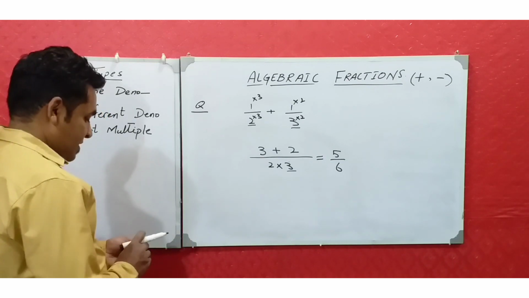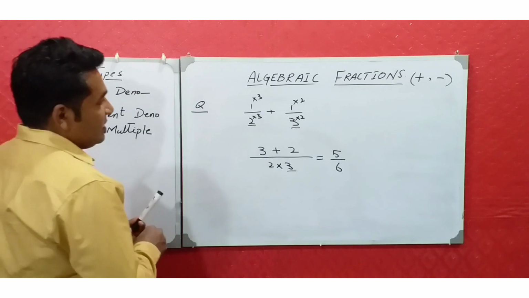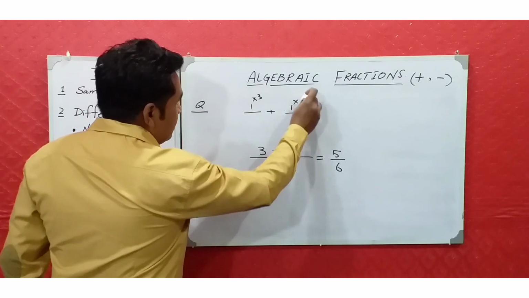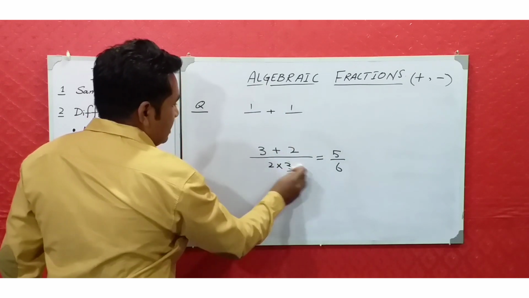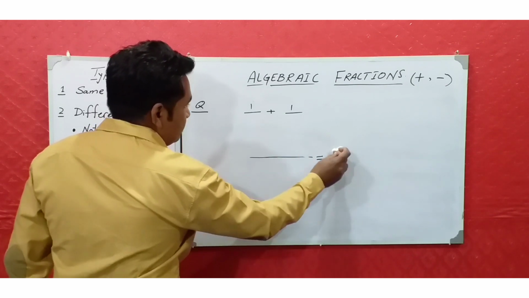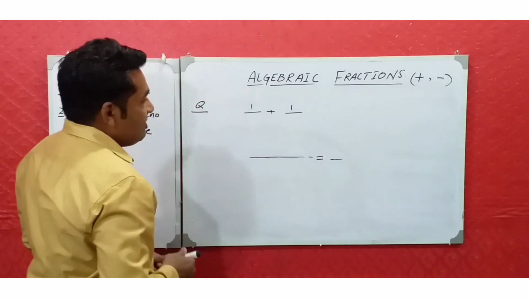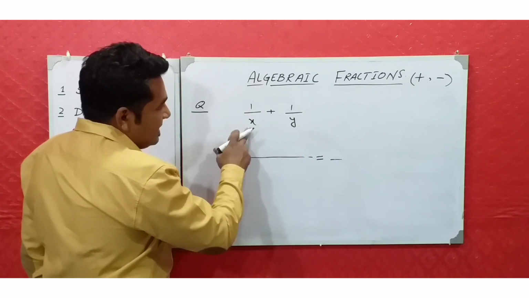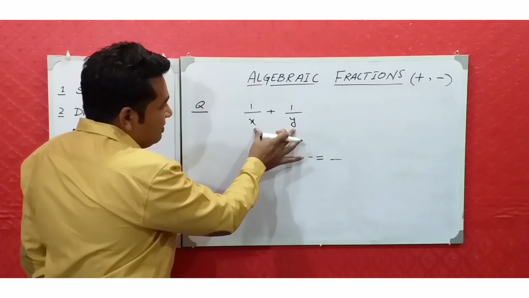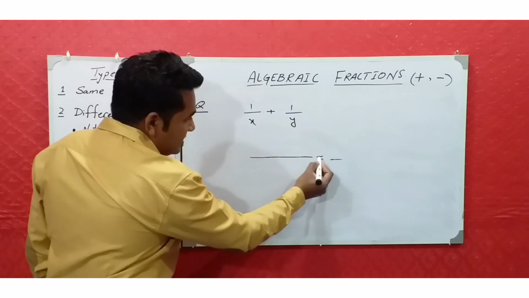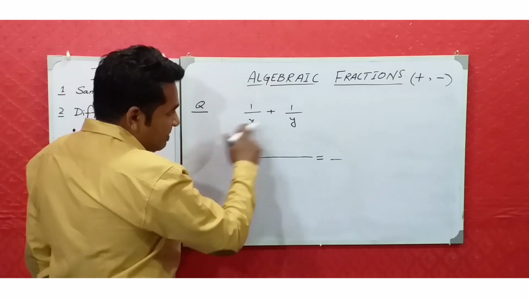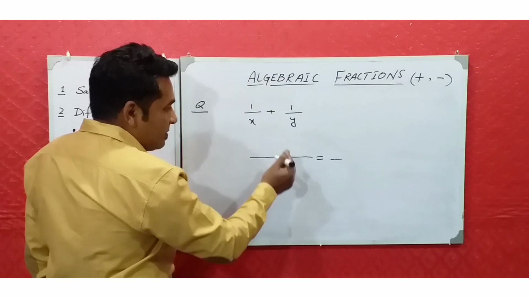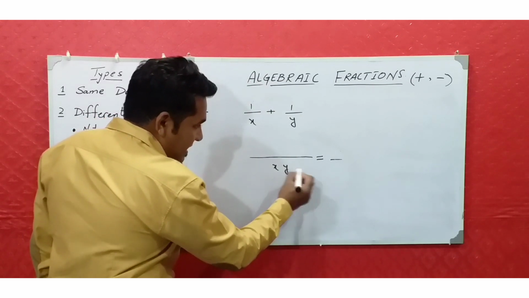So now, for example, let's convert it into algebraic fractions. If the fraction is 1 over x plus 1 over y, you can see that x and y are entirely different variables. If these are different, then we multiply both denominators, and that product becomes the LCM.